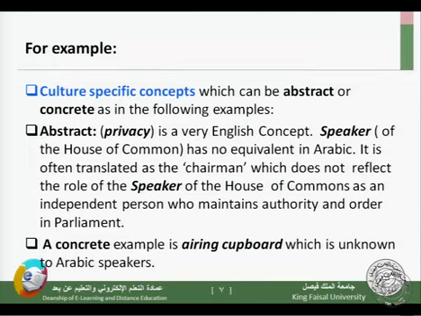Now, a concrete example. This is very, very difficult to understand. And honestly, if you don't live in England, you wouldn't be able to understand what we mean by an airing cupboard. To cut a long story short, an airing cupboard is a cabinet or a closet in the house.